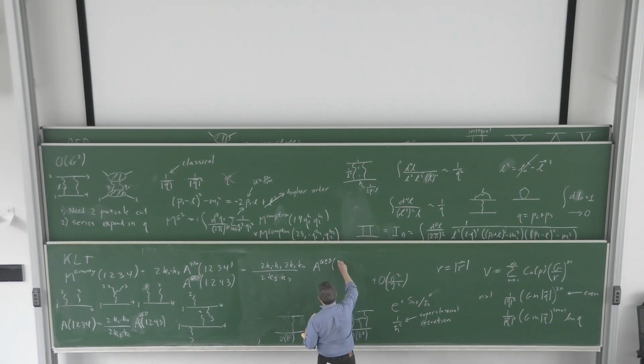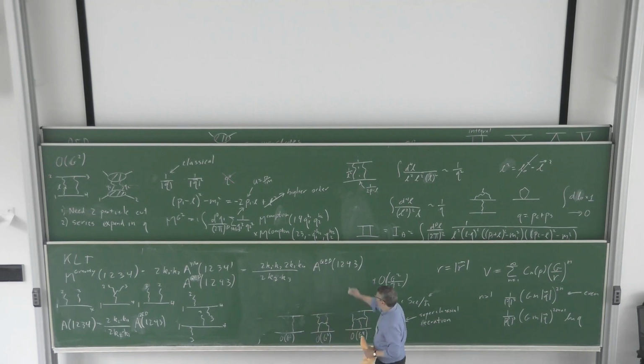And then maybe I'll write it in this ordering, although for QED, it doesn't matter what the ordering is. So in fact, it's the same algebra. To get the gravitational case, we just follow the same steps. It is a little more complicated because you can't algebraically reduce to those scalar integrals.